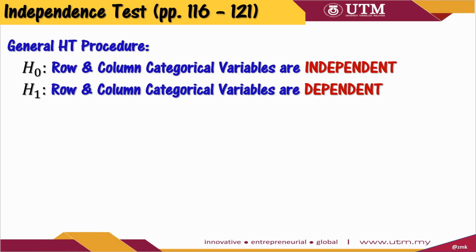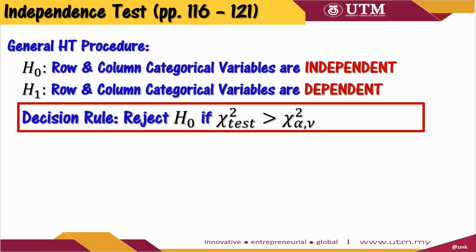Decision rule is to reject H0 if a chi-squared test statistic is greater than a right-sided critical value, which is a chi-squared value at alpha and nu degrees of freedom. Notice that we are still using a chi-squared test statistic as the appropriate test statistic for independence test, and we only have one critical region and one critical value located at the upper tail of a chi-squared distribution.